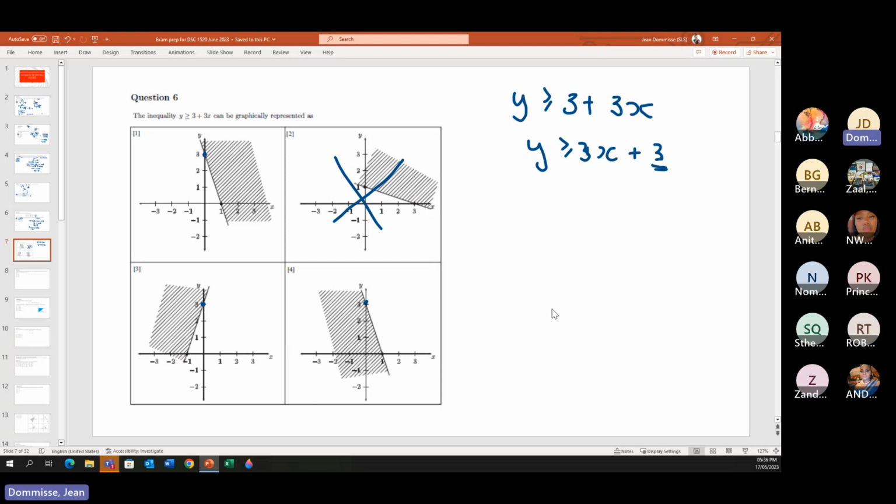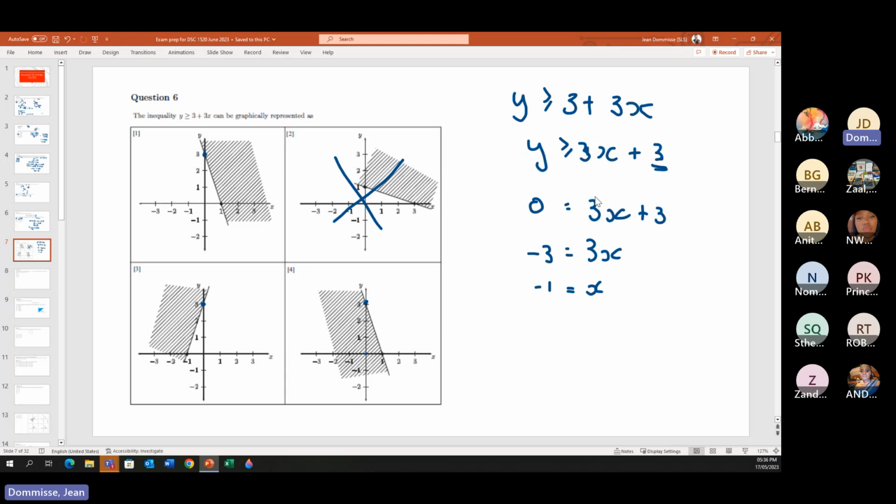Okay, so then let's check if I put in y is equal to 0, what do I get? So y equal to 0 is 3x plus 3, so x will be equal to -1.